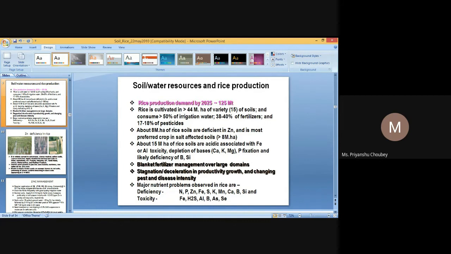Macroflora means roots of higher plants, and microflora means bacteria, fungi, actinomycetes, and algae. Fauna includes macrofauna: earthworms, moles, ants. Microfauna: protozoa and nematodes.